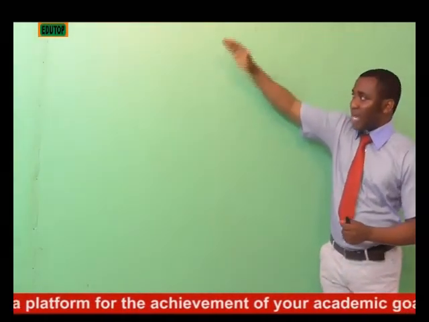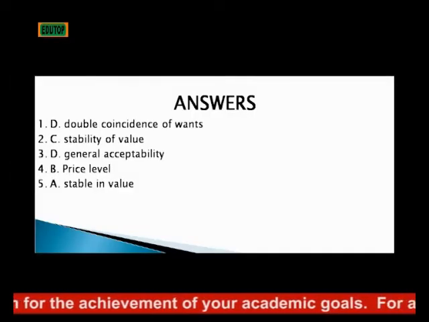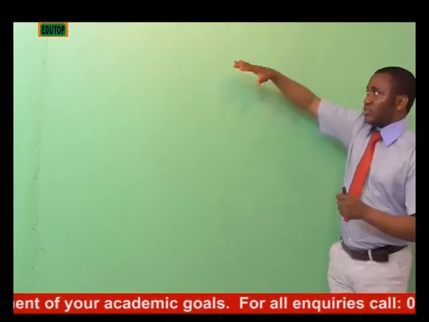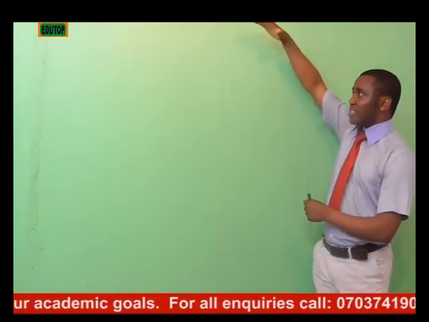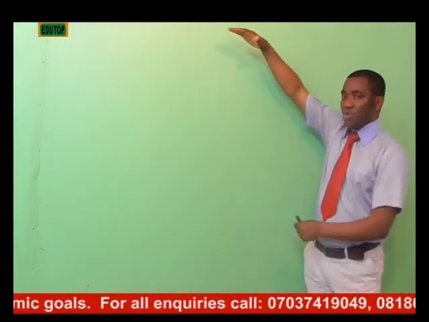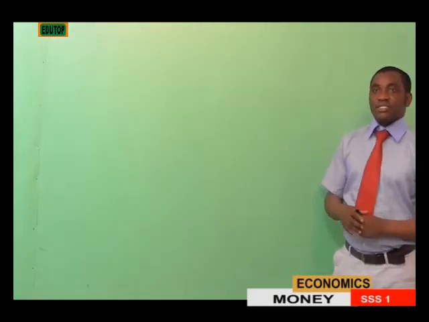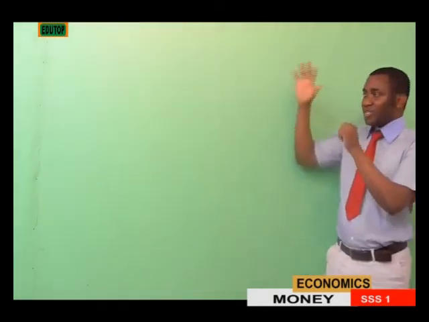It's affected by price level. That is option B. The value of money is affected by the price level. You remember we said the higher the price level in the society, the lower the value of money, and vice versa.